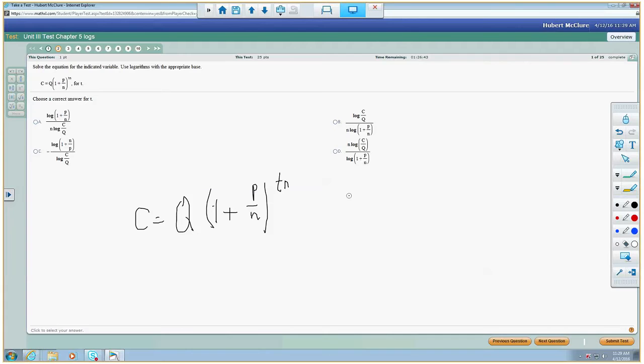They want you to solve for T. The first thing I would do is divide by Q. Get rid of that.